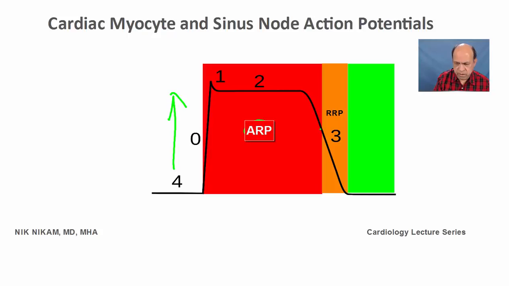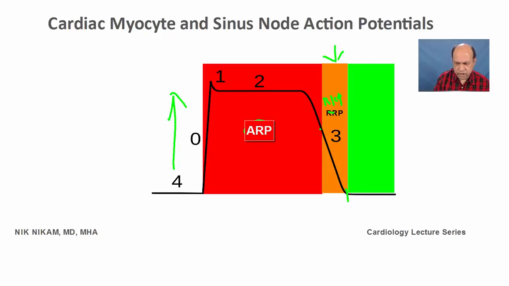Now, from the middle of the downslope of phase 3 to the end of the downslope, we have what is called the relative refractory period. This is where a slightly stronger impulse may be able to create a new action potential, but generally speaking, a weaker impulse may not be able to do so.